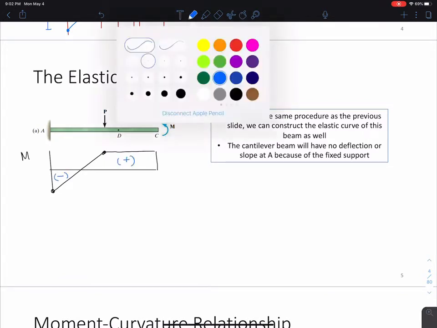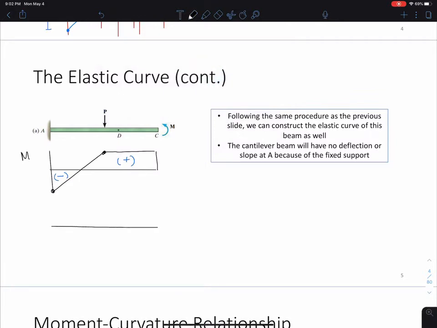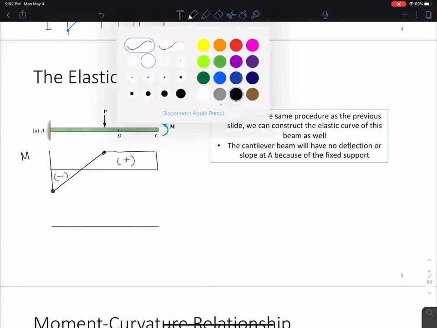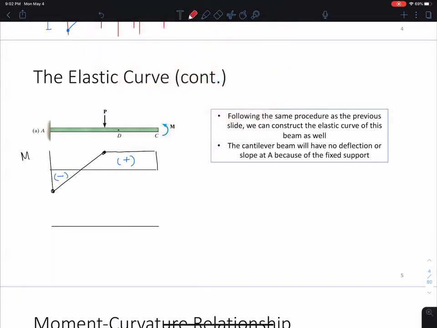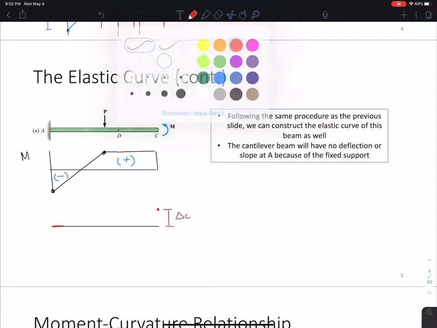So when we come to draw our elastic curve, again, this was a fixed support, so this is where it's really important to first start with the support. If this is a fixed support, we know for sure that for some portion, we're going to have 0 rotation and 0 deflection. We have no support here, so we know for sure we're going to get some change, some delta C. If we start off, I'm going to draw a little line here.